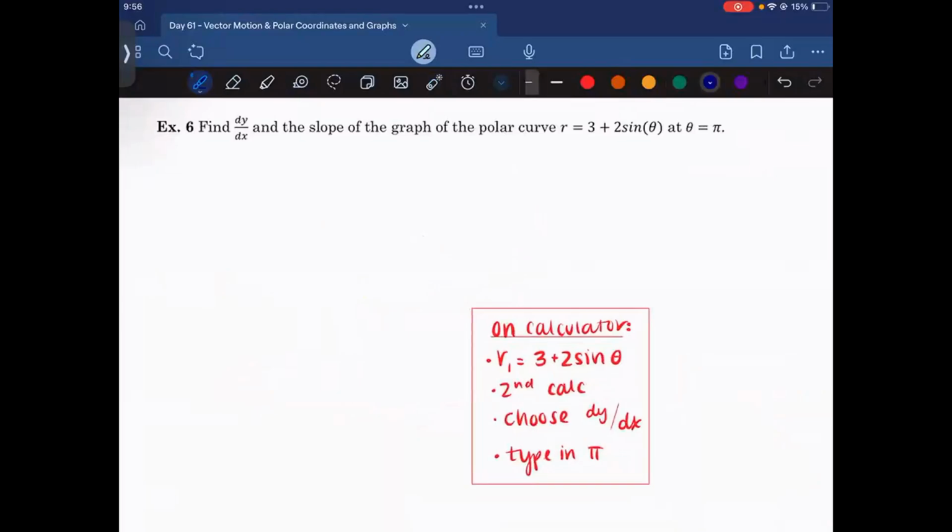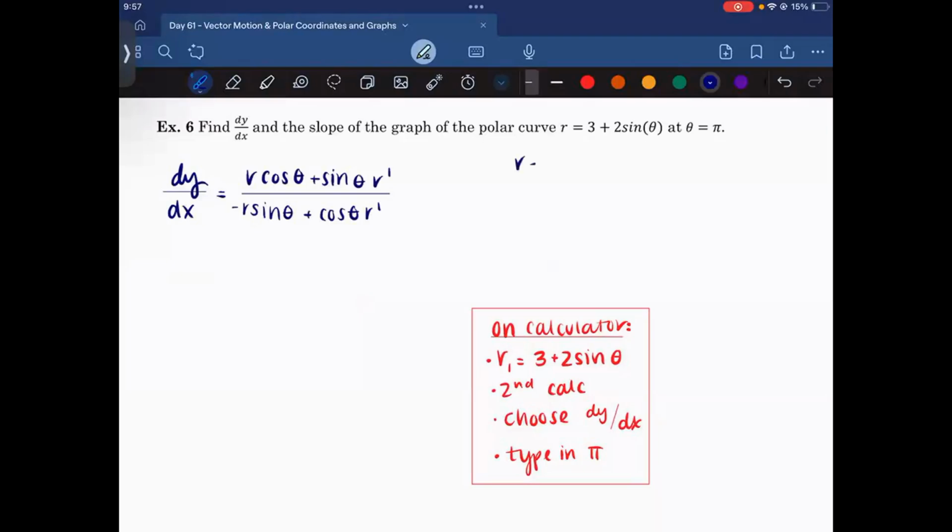So using this, find dy over dx and the slope of the graph of the polar curve r equals 3 plus 2 sine of theta at theta equals pi. So we know dy over dx equals r cosine of theta plus sine theta r prime, over negative r sine of theta plus cosine of theta times r prime.